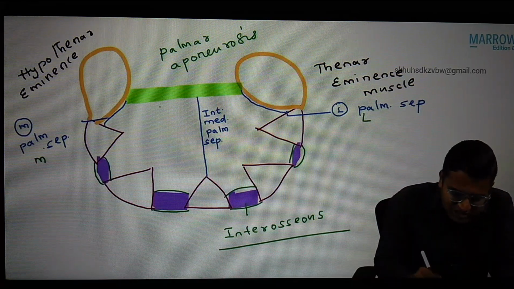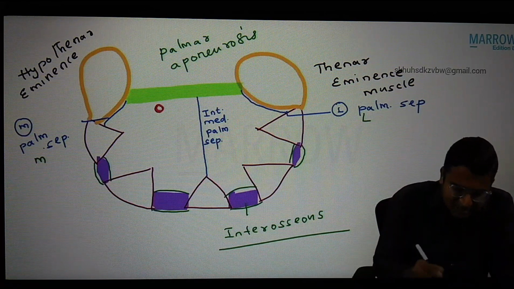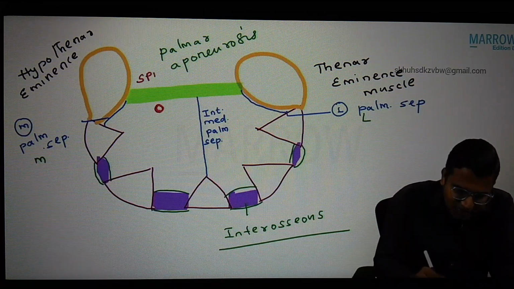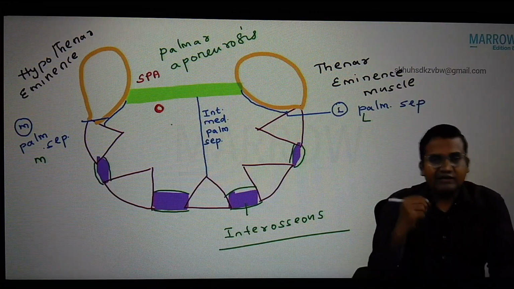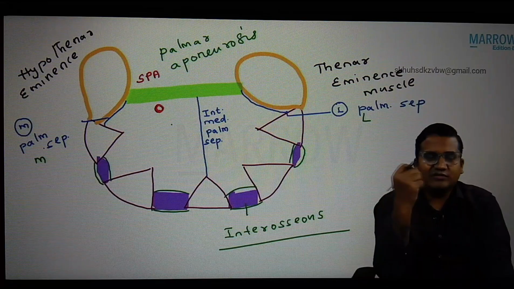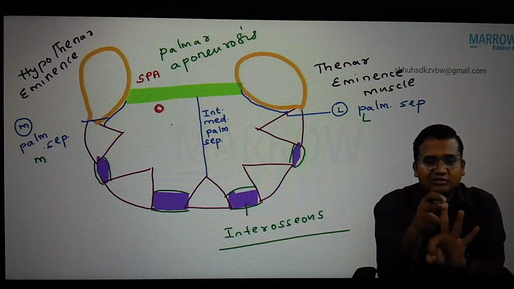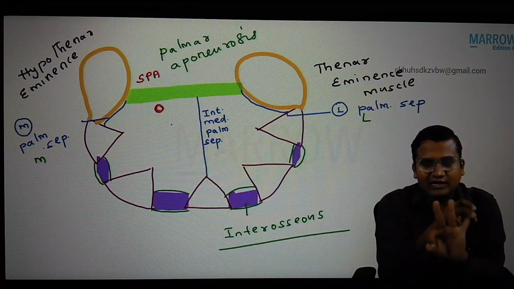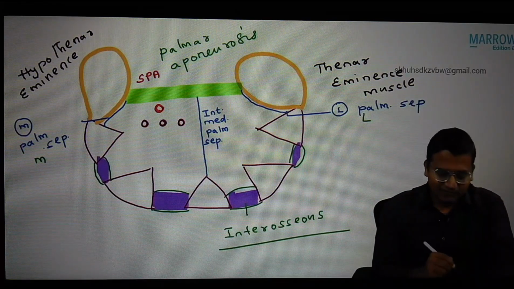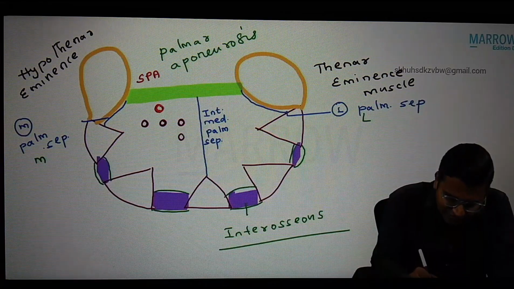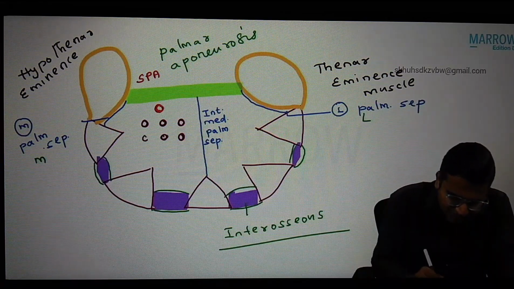Initially we have our superficial palmar arch. And below that, we have the FDS and FDP tendon. So FDS and FDP tendon to middle finger, the ring finger and little finger. This is FDS tendon to middle finger, ring finger and the little finger.